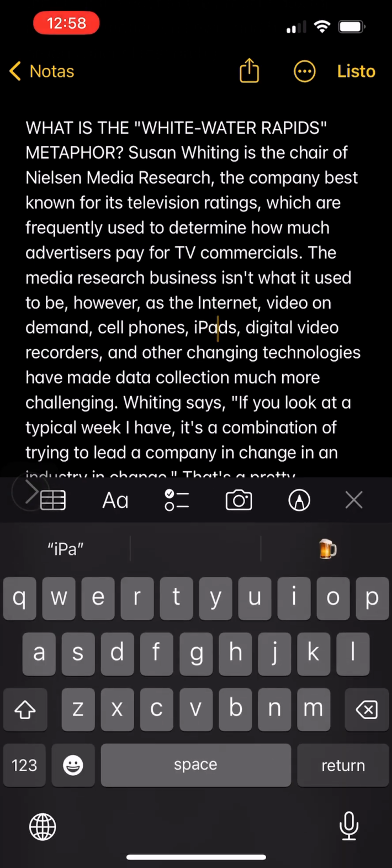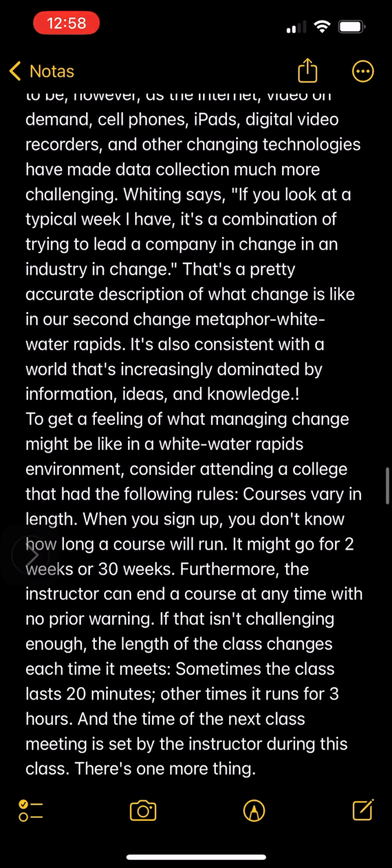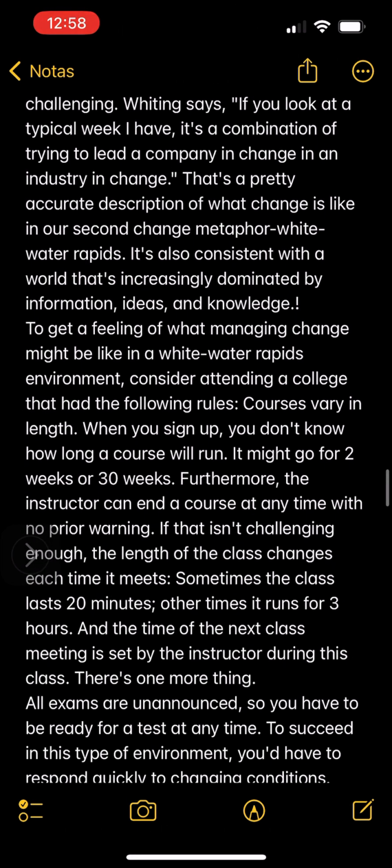Whiting says, "If you look at a typical week I have, it's a combination of trying to lead a company in change in an industry in change." That's a pretty accurate description of what change is like in a second change metaphor, Whitewater Rapids. It's also consistent with a world that's increasingly dominated by information, ideas, and knowledge.